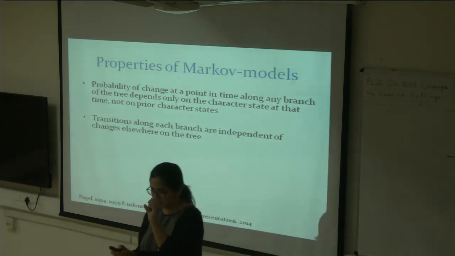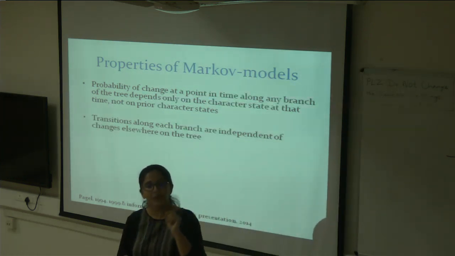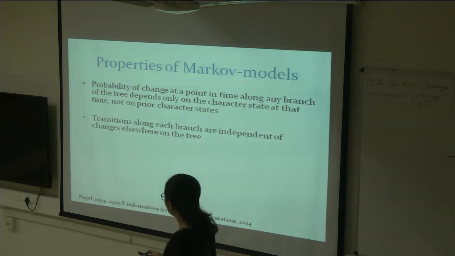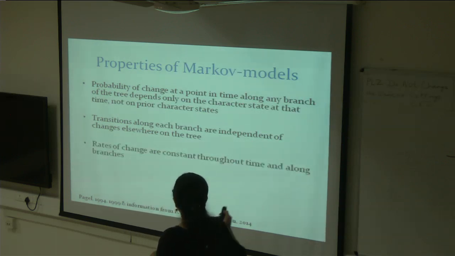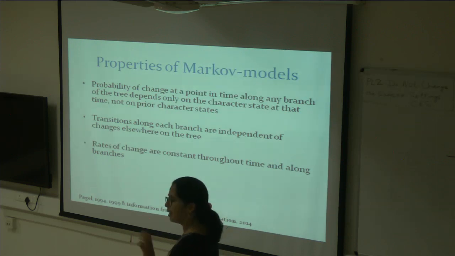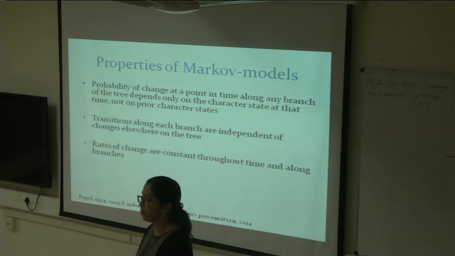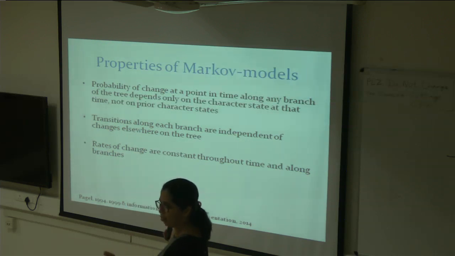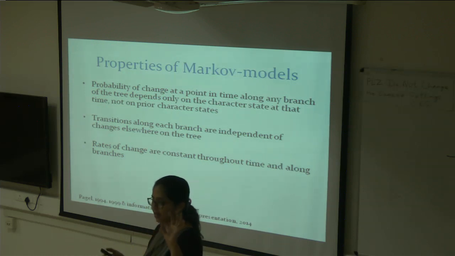Which means that transitions from 0 to 1 are independent of each other. Another assumption is that the rate of change across this tree is equal. It doesn't really change in this particular MK model we are discussing, but one can think about changing rates, and there are other appropriate models for that.